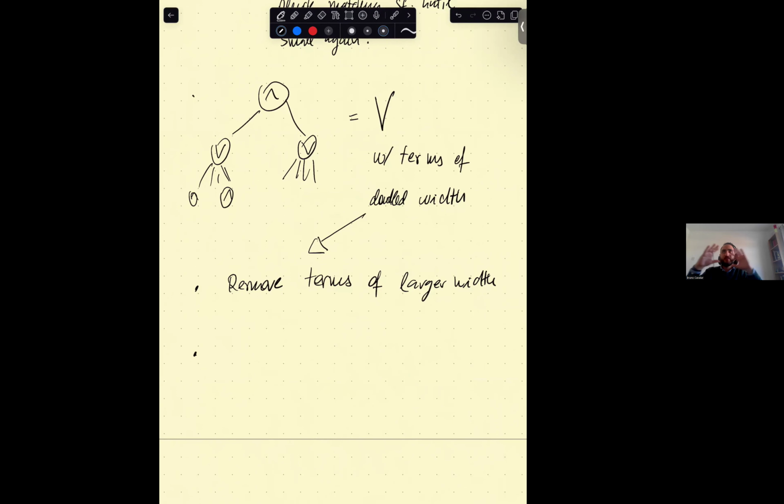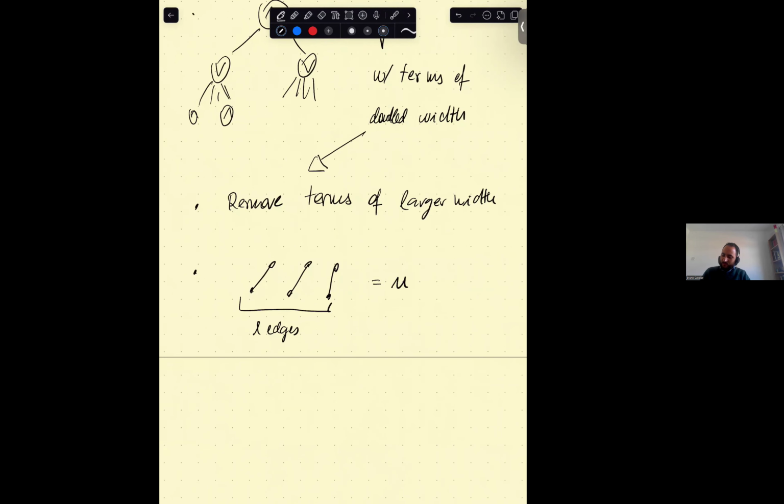If you have a fixed matching M of L edges, what is the mistake that you make when you remove this matching?